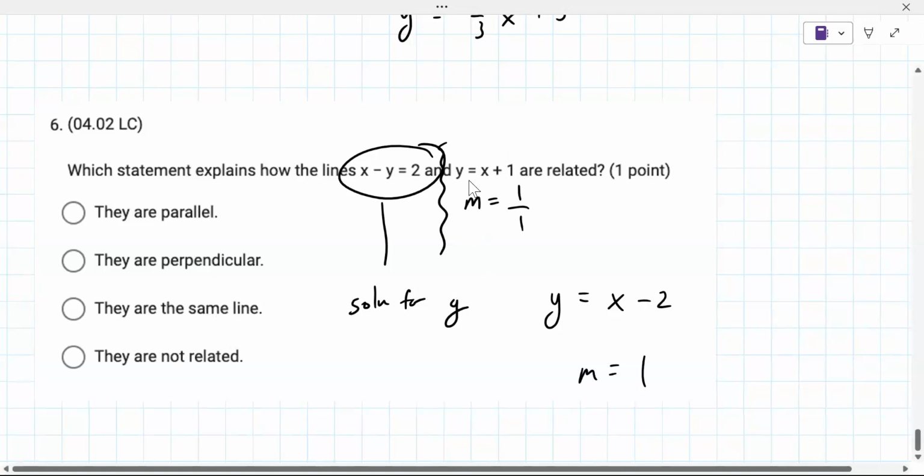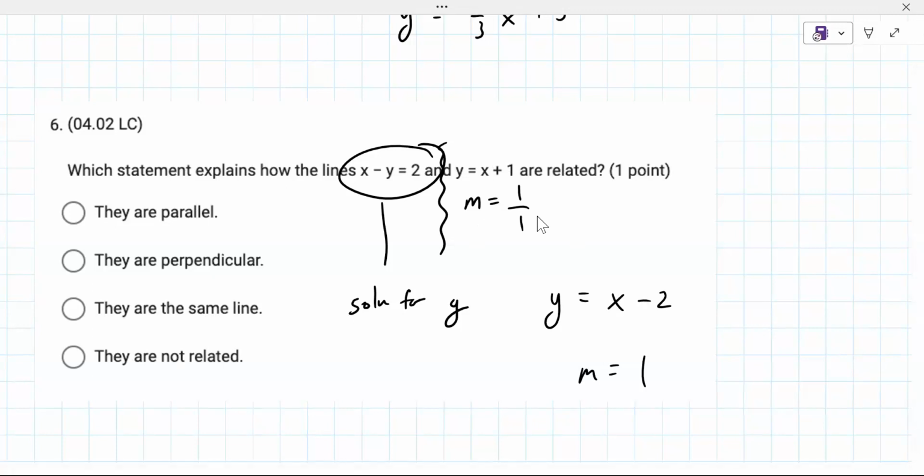Same line would be if they were the exact same equation, which they are not, so it's definitely not that. It's not number 3 or 4.